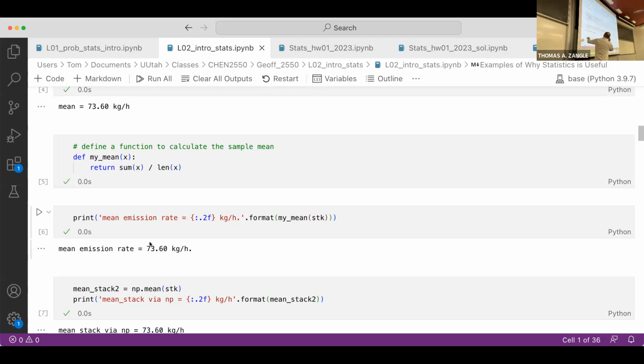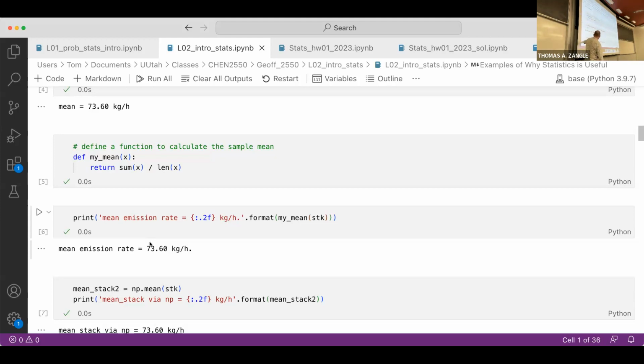Okay, so we can define a custom function. This would be useful if we have to compute this mean a bunch of times. But as you might expect, there's also a built-in function in NumPy to do this for you, so you don't necessarily have to write your own function. We could find the mean of the stack data using np.mean, and again we pass in that NumPy array.